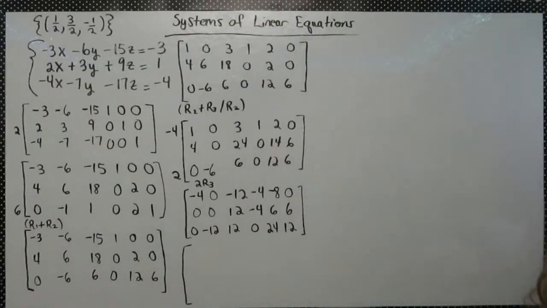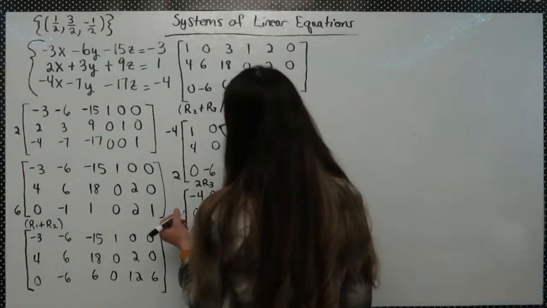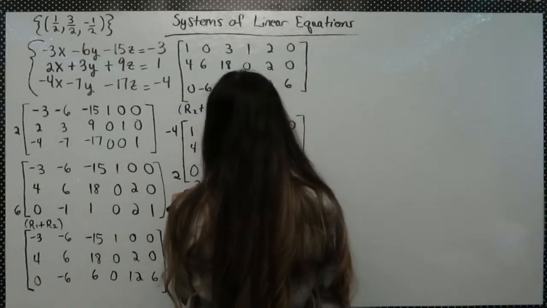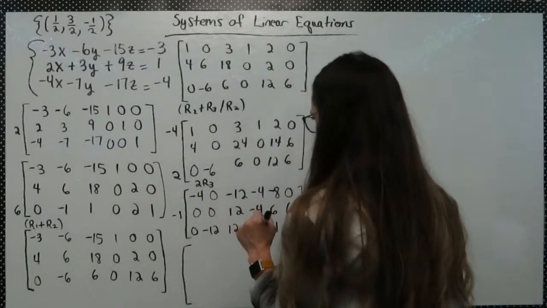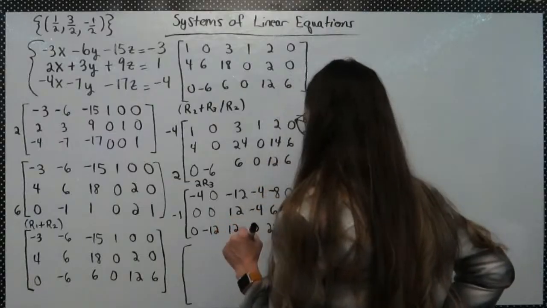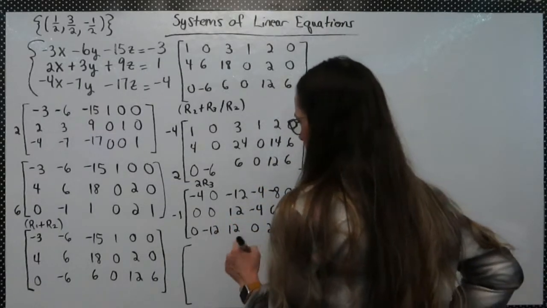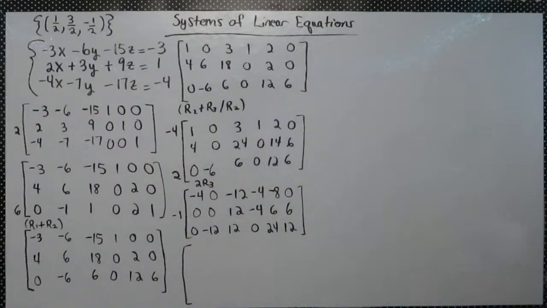Row 2 got multiplied by negative 1. And I'll figure out what I did with that next. Row 2. So that's negative 1. That one's the same.